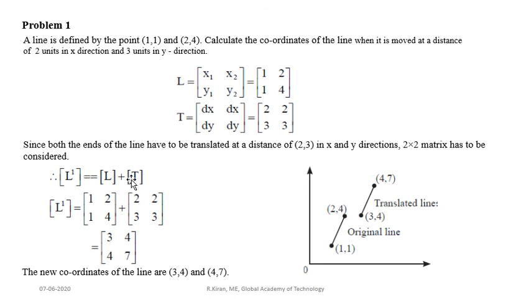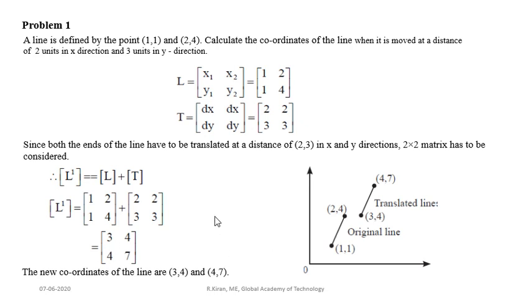Adding the two matrices yields the translated vector, which is (3, 4) and (4, 7). Here we can see the original line, represented by (1, 1) and (2, 4), and the translated line, given by (3, 4) and (4, 7).